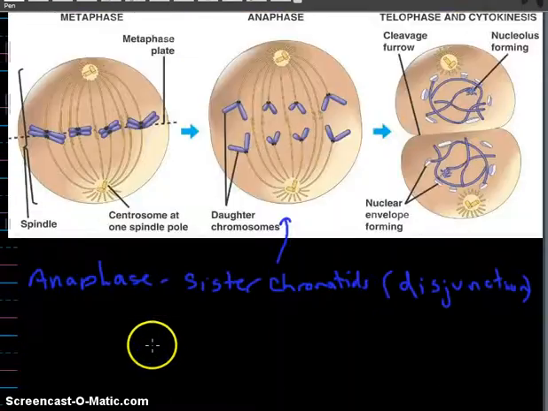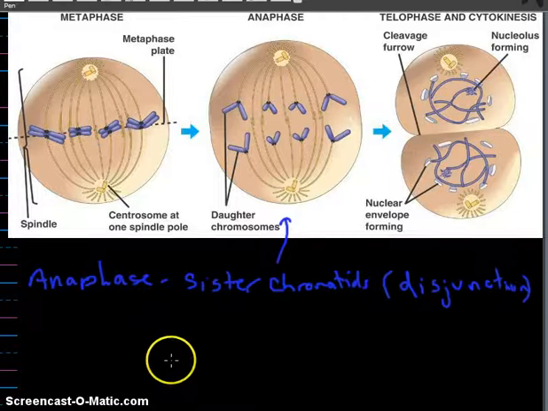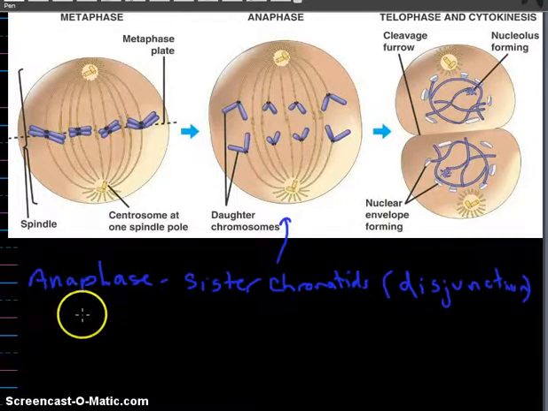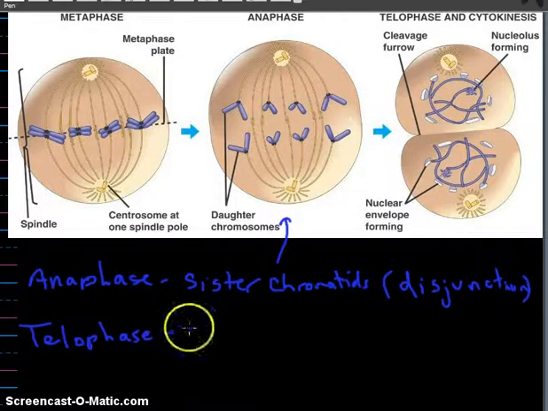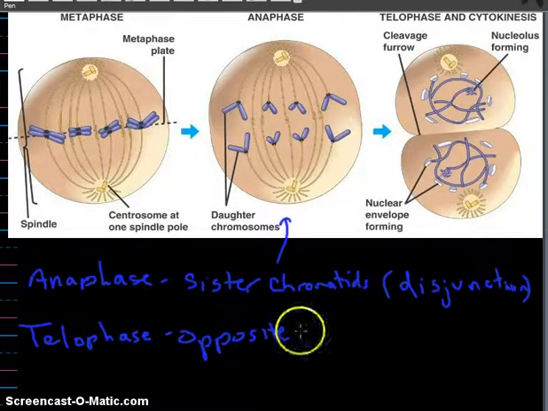And then we move into telophase. In telophase, there's a couple things that occur. So telophase, I'd like to think of as the opposite of prophase.